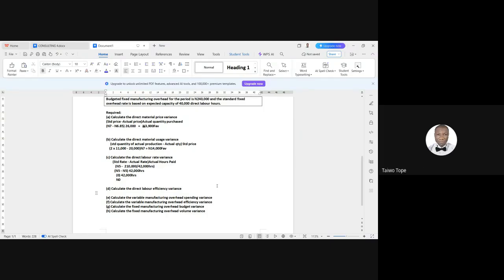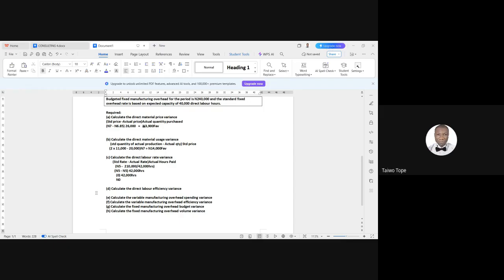Okay. Direct labor efficiency variance. Let me go back to the class and see. So, Mr. Shegun, can you help us with the figure likewise? Standard hour based on actual production minus actual hour worked, weighted by standard rate.